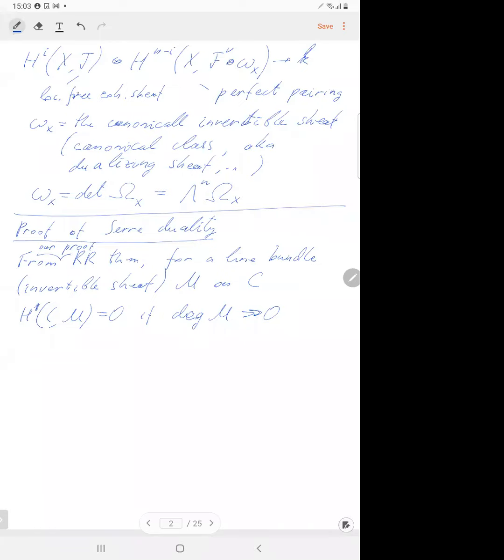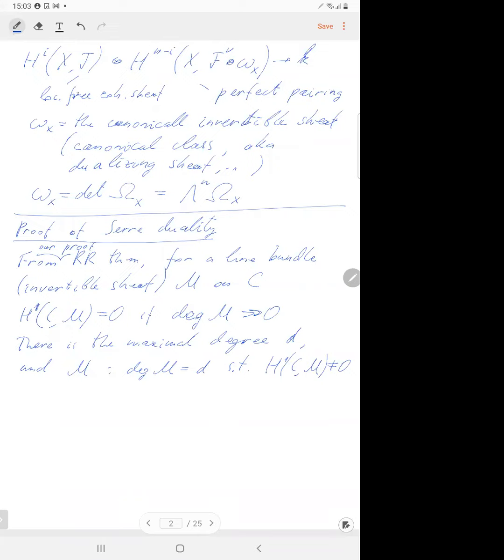Okay, so there is some extremal degree, the maximal, say D, and an invertible sheaf M of this degree, such that the first cohomology with coefficients in M is still not zero.